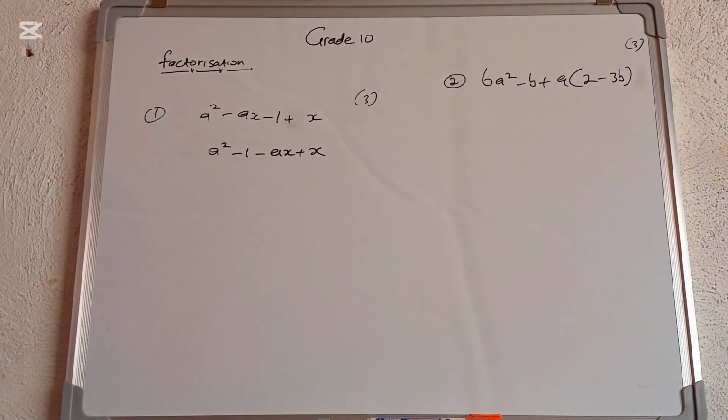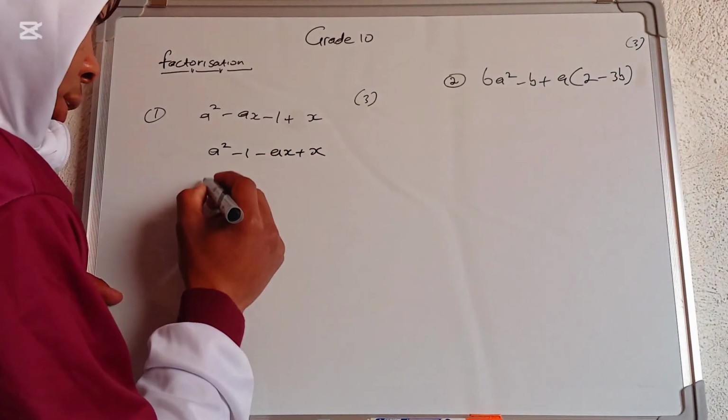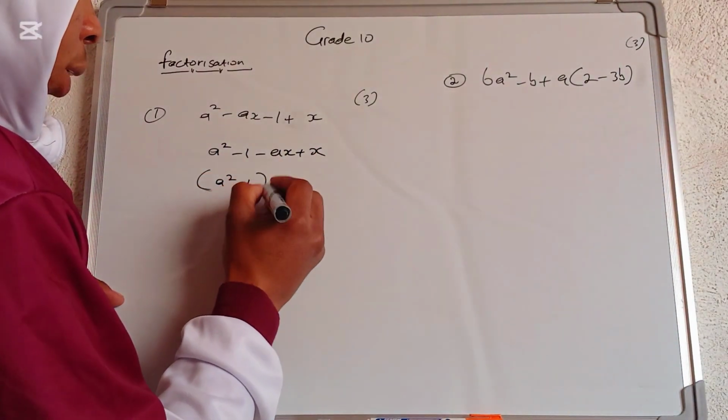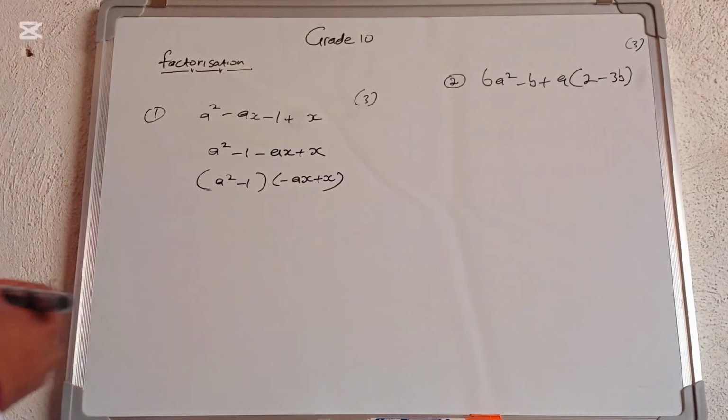When you have put your equation in that manner, you are making it easy to solve. We will start by grouping this equation. So we're going to have a squared minus 1 minus ax plus x.